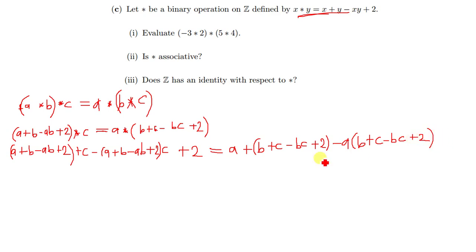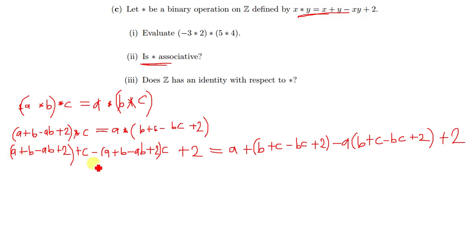Then apart from that, we also have a plus 2 at the end. So here what is just remaining is simplifying. When you simplify this part, you do the multiplication here, and then you pair the like terms. When you find the same answer as this other part, then you can conclude to say star is associative.